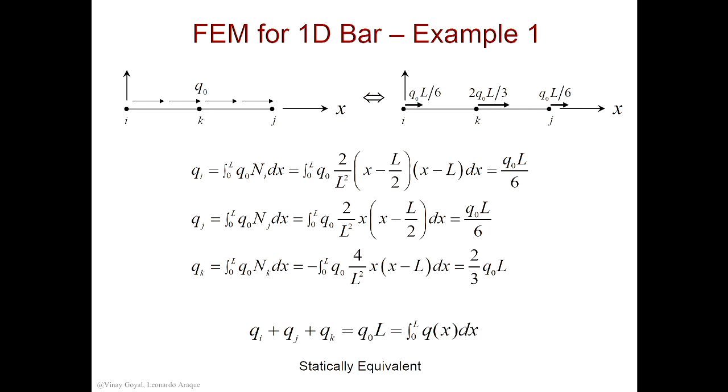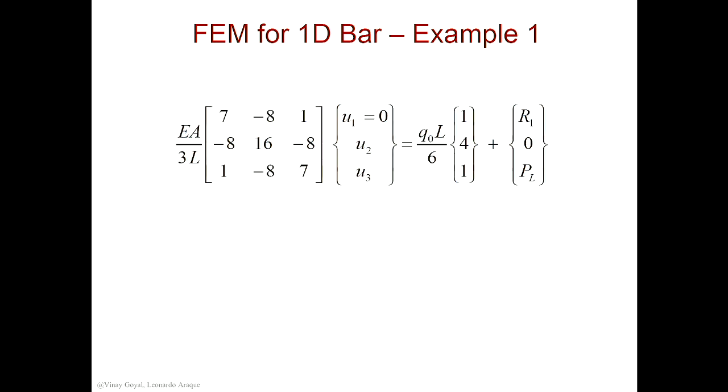Okay. All right. Good enough with that example. And finally, I have the values here. The first node is fixed on the left-hand side, and then I have a reaction force because of that. On the right-hand side, I have a load applied. So that's my distributed load contribution. This is my point load contribution.